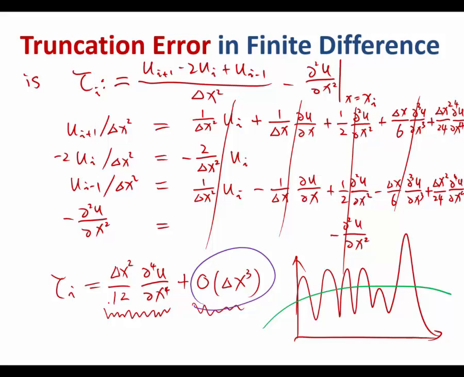But in most cases, you don't know an analytical solution. It may not even exist. So the value of this type of analysis is really to have a confidence of how fast the error goes to zero as you refine the grid.